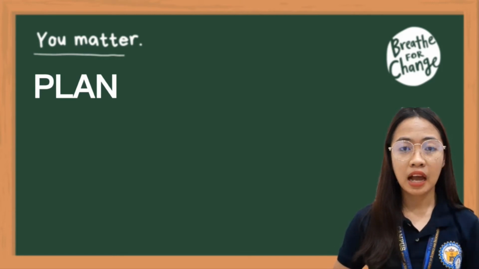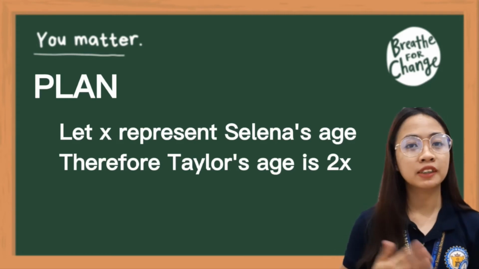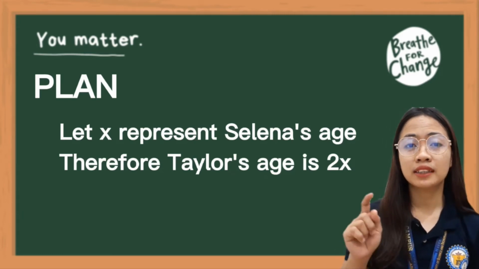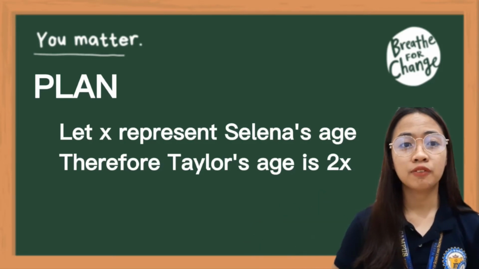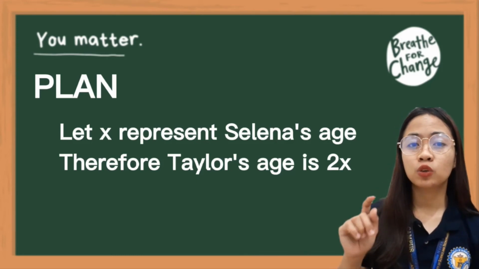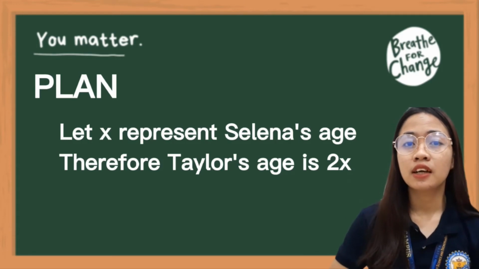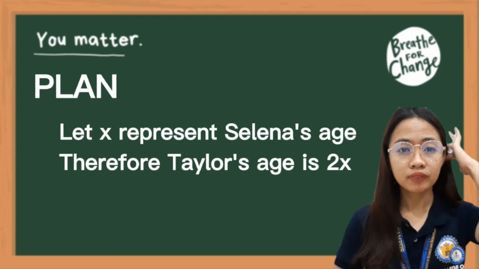So our plan, let's have the variable for Selena's age, which is x. So let x be Selena's age. Therefore, Taylor's age is 2x, because Taylor is twice as old as Selena.